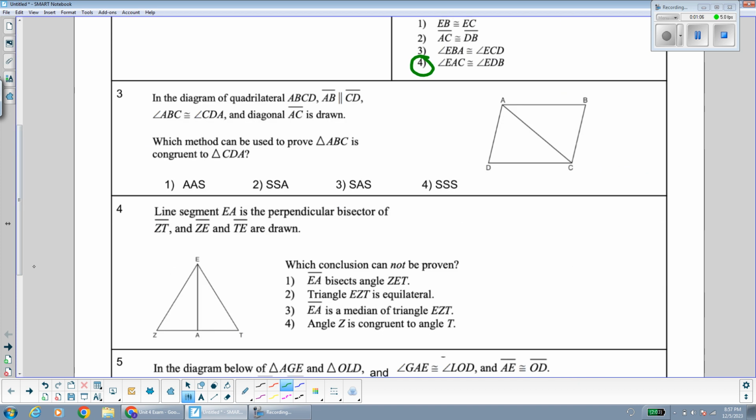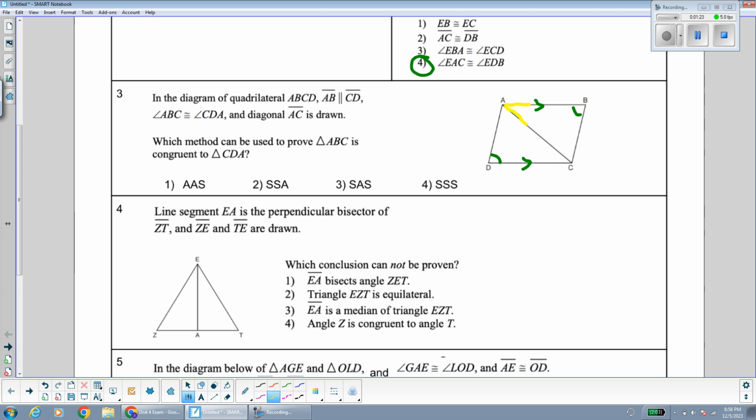They have to be congruent to each other because they are the angles opposite from congruent sides in an isosceles triangle. Moving on to number 3, we have that these sides are parallel to each other, and we have that these angles here are congruent to each other from the givens. Make sure to mark your diagram. It says which method can be used to prove the triangles congruent.